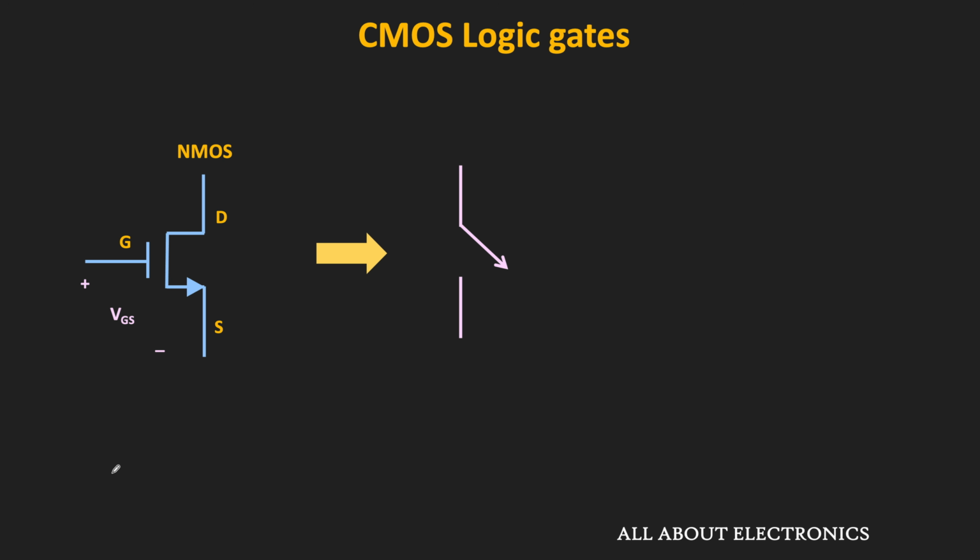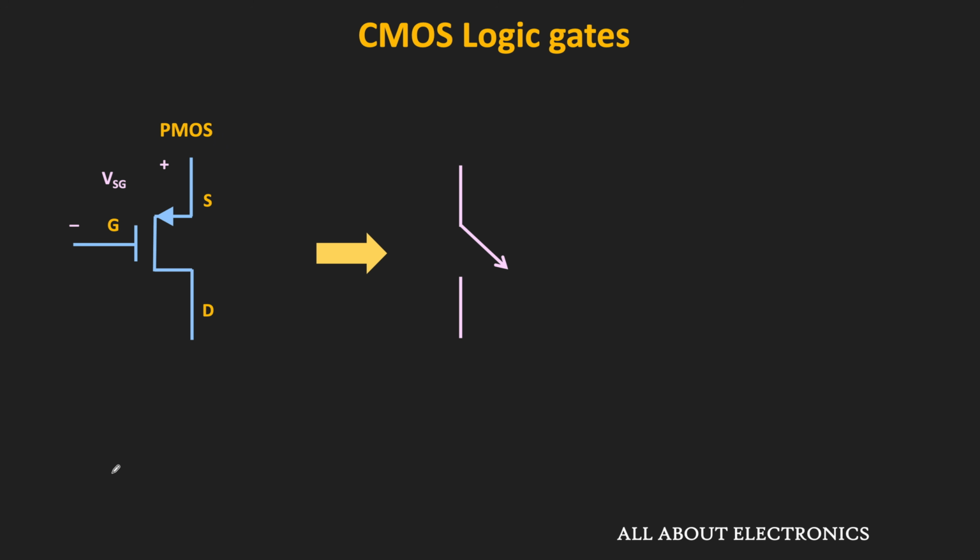In the NMOS transistor, when the gate to source voltage is less than the threshold voltage, then the NMOS transistor will act as an open circuit. And when this voltage is more than the threshold voltage, then this NMOS transistor will act as a closed switch. Similarly, in case of the PMOS transistor, this threshold voltage is negative.